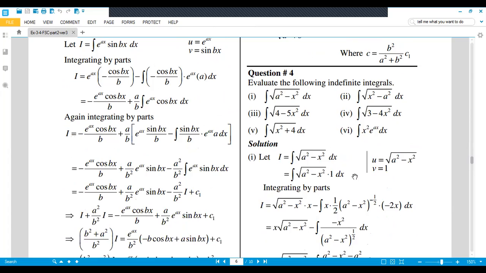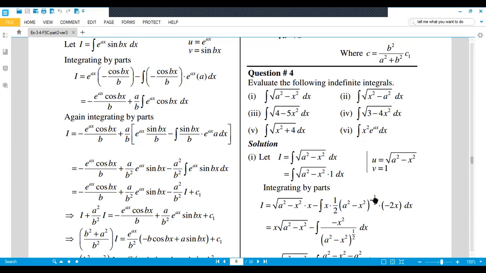In question number 4 we are given to evaluate the following indefinite integral. For an indefinite integral, if you have only one function and you want to solve it by integration by parts, you multiply by 1. So consider u as the first term and v as the second term.